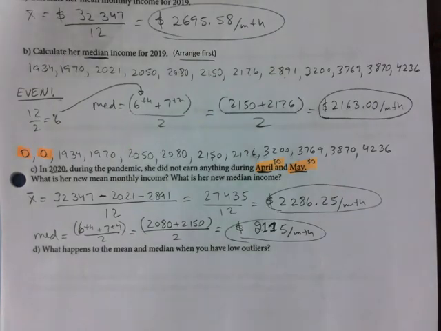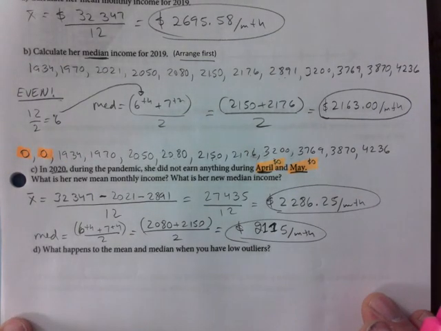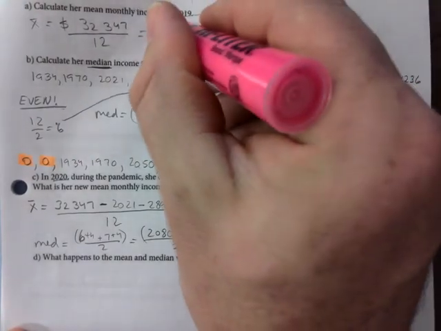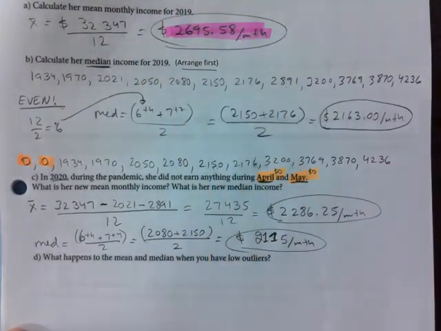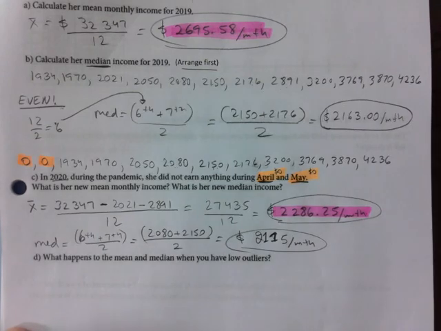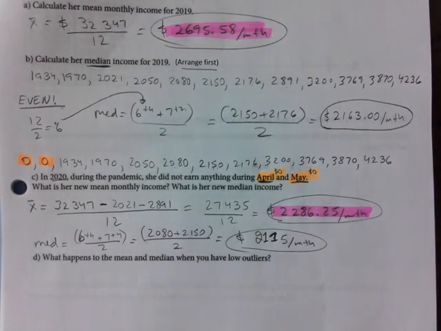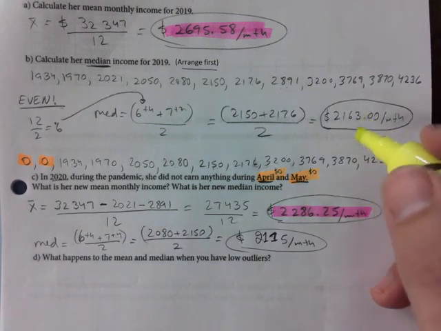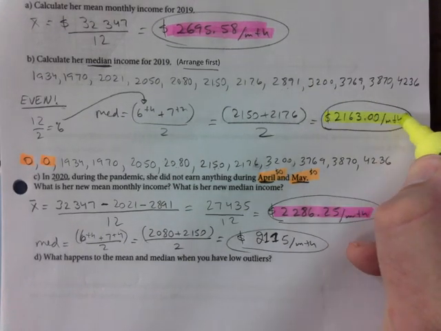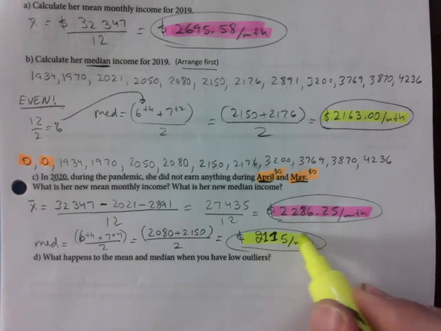That's my new median. And I think I'm just going to grab a highlighter and just say, this was my mean before, and now it's this. And then I'm going to grab the other highlighter, whatever other color, and say, this is my median before, this is my median now.